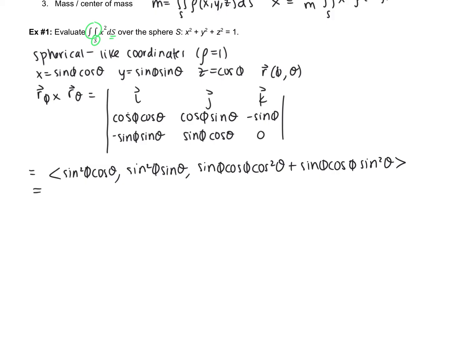Okay, so let's see if we can simplify this at all. The first two components, of course, we can't. For the last component, if we factor out sine of phi cosine of phi, we're going to have cosine squared plus sine squared, which is just 1. So that becomes sine of phi cosine of phi.